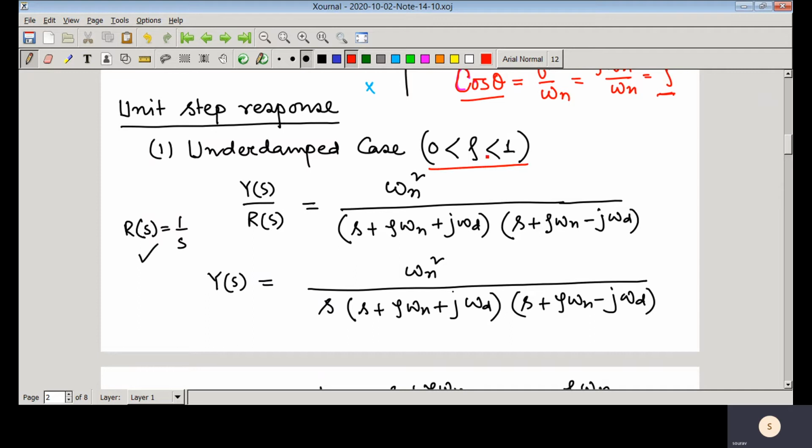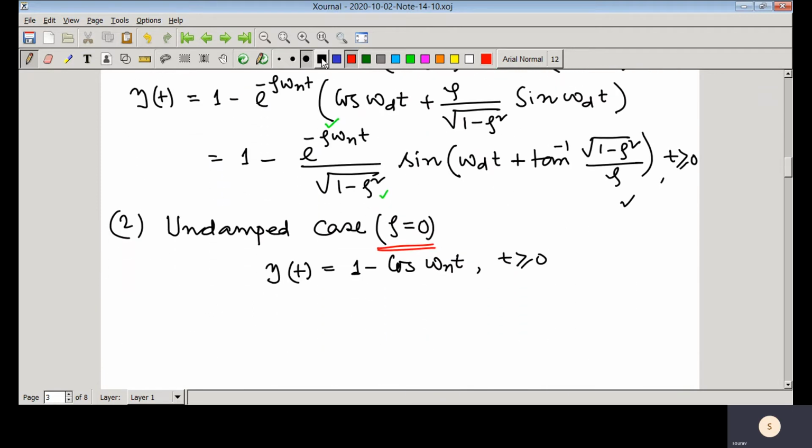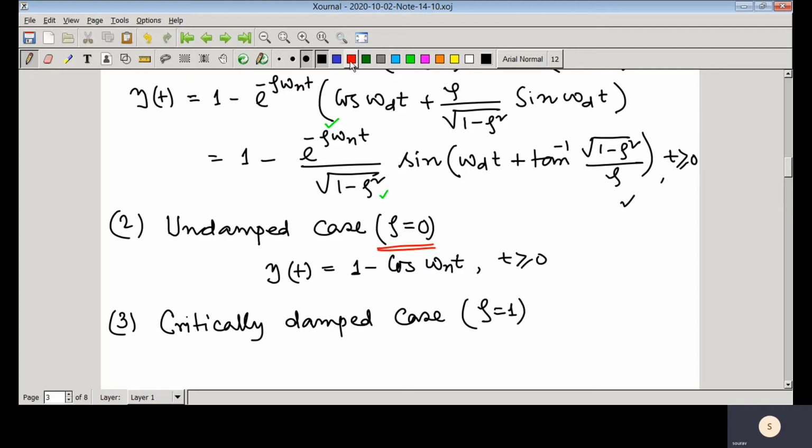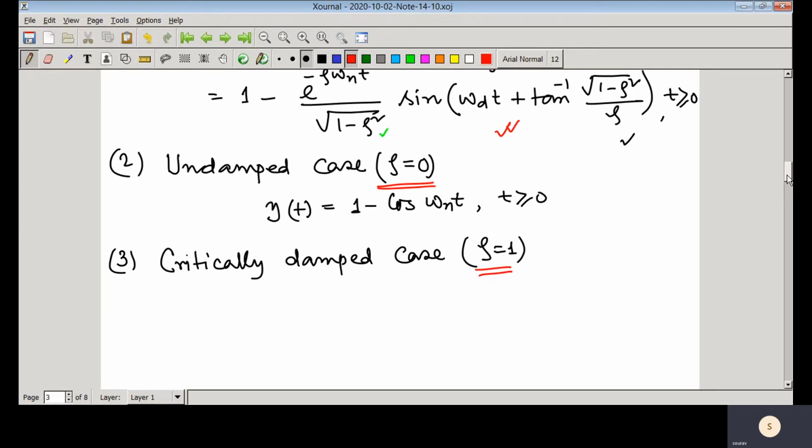The important thing is, this is the undamped case when zeta equals 0, and this is the underdamped case whenever zeta varies from 0 to 1, and this is the third case, whenever zeta equals 1. This is called the critically damped case. That means whenever zeta equals 1, the system is critically damped. Then what happens? In this particular expression, if you apply the limit, what will you get?